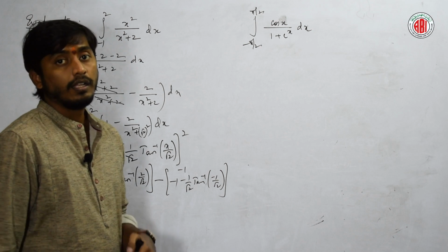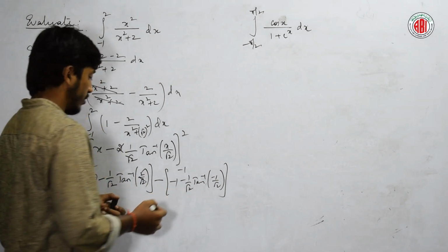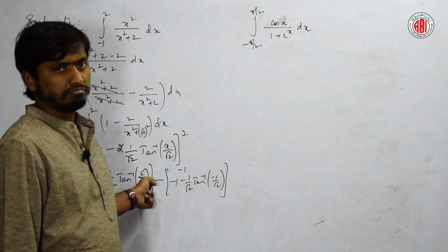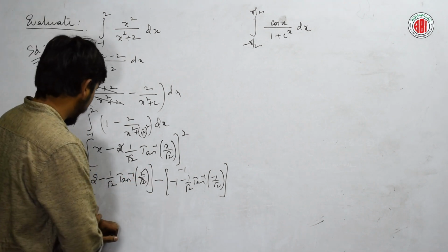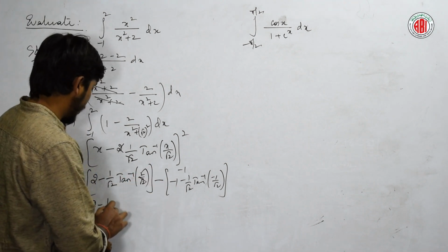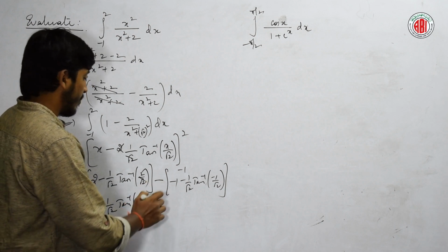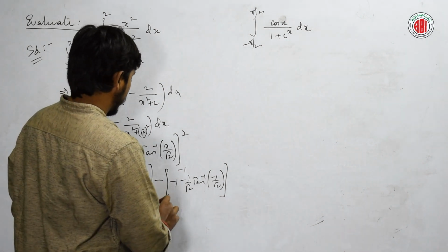Is it clear? So when do I get root 2 in tan inverse of 2 by root 2? Do I get root 2 in tan? No, right? So let me put it as it is. So this will be 2 minus 1 by root 2 tan inverse root 2. Here minus to minus plus 1. Again minus to minus plus 1.